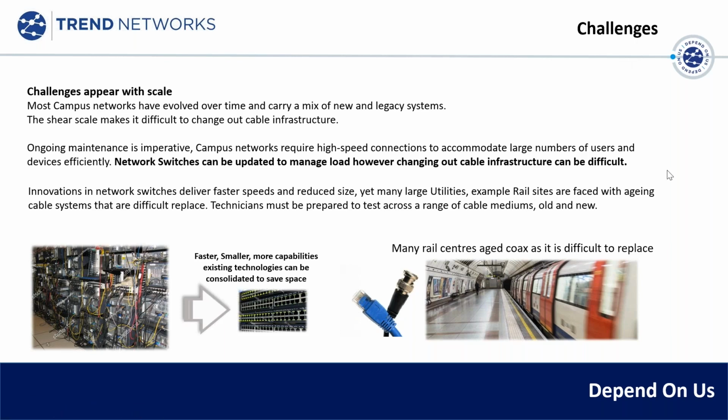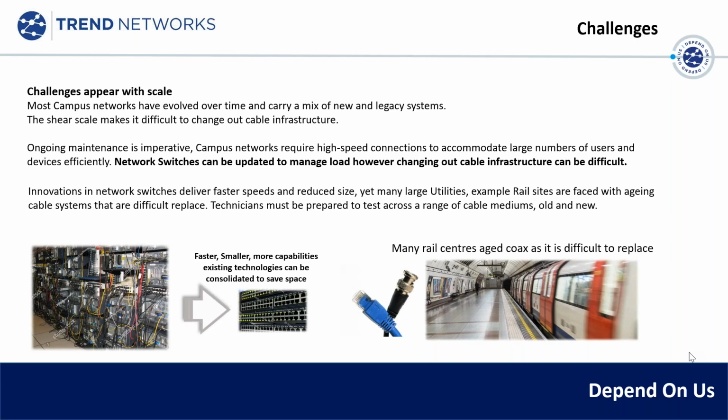So again, today's session is spotlight on campus networks. We're going to highlight 4 individual items around cable infrastructure. I want you to think about the challenge with this large scale cable infrastructure is that you can change the network switches as switches have evolved. The processes within a network switch design have become faster and more compact.